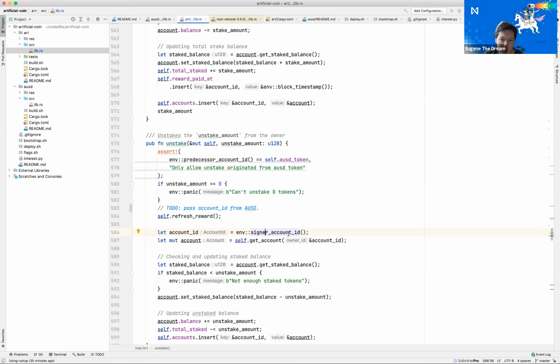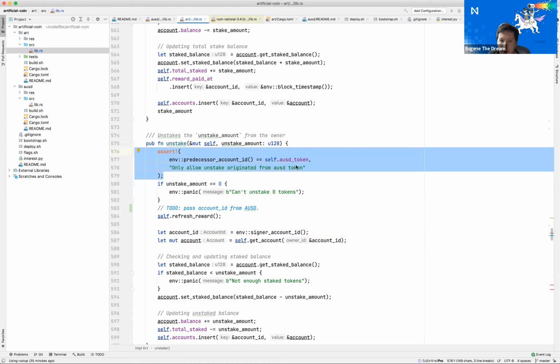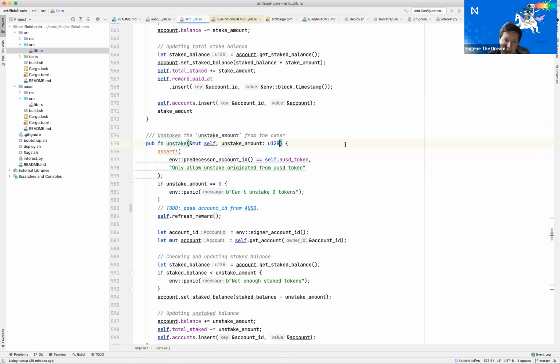Yeah, exactly. That's why we always rely on the predecessor, and if you need to call it from another contract that you trust, in this case you trust this contract, you just pass the actual predecessor as a sender account ID argument, and then you can use it to pass to refresh rewards, I guess.